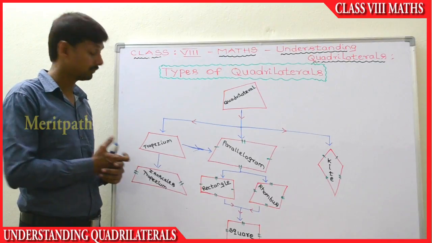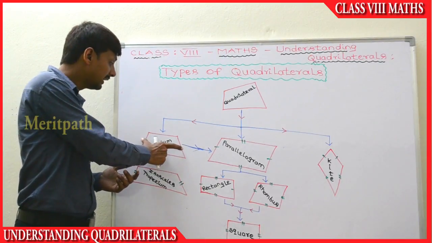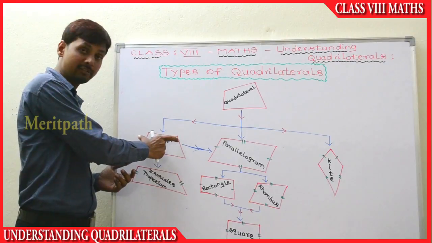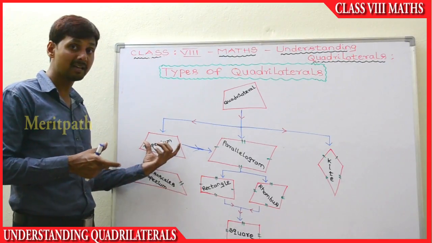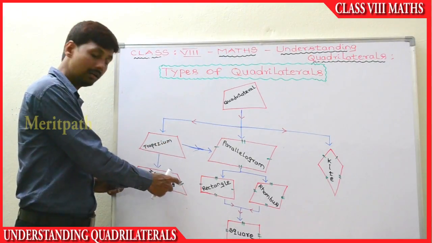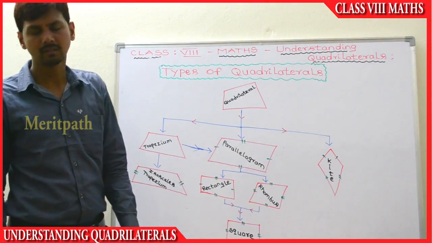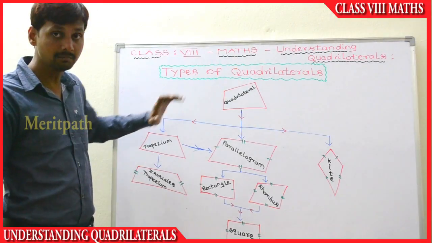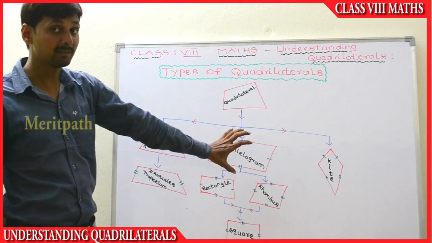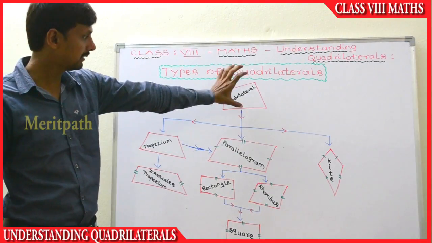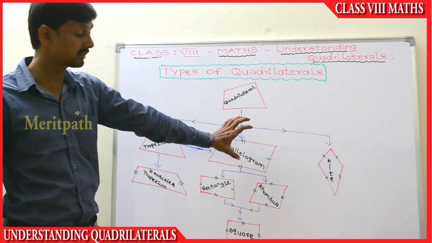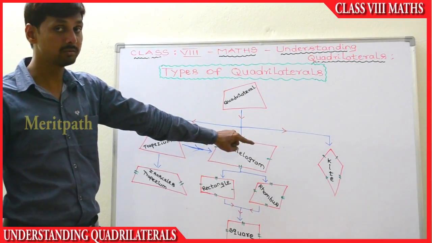In a trapezium, if the non-parallel sides are equal, these two are equal, then we call it an isosceles trapezium. There is another situation: opposite sides parallel and equal, which becomes a parallelogram, directly from the quadrilateral.